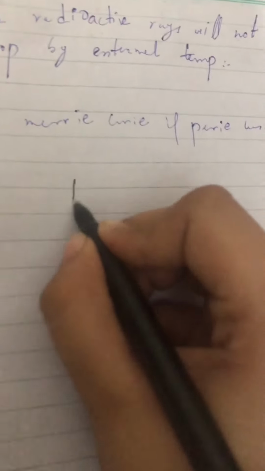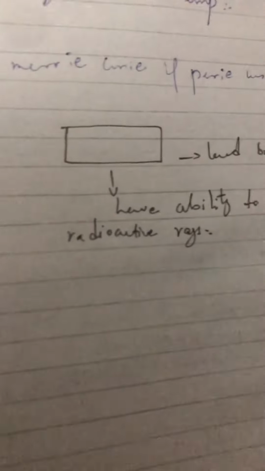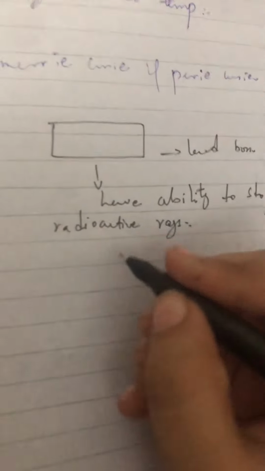were combined. What they did, we have one box called the lead box. Lead box has the ability to stop radioactive rays.